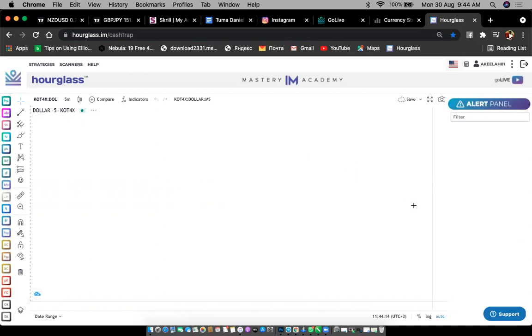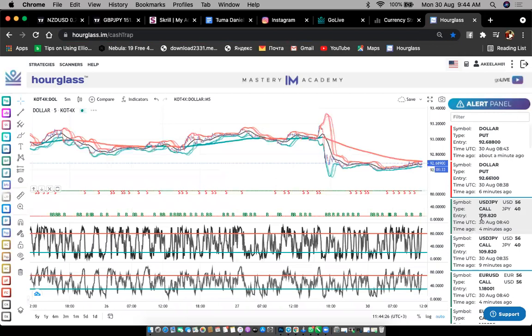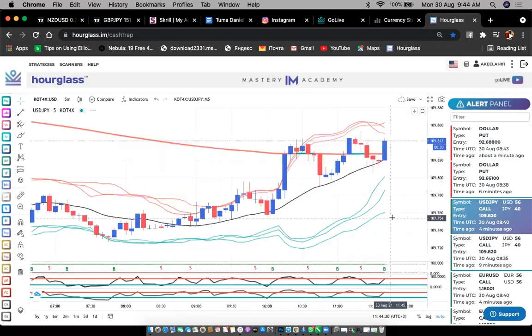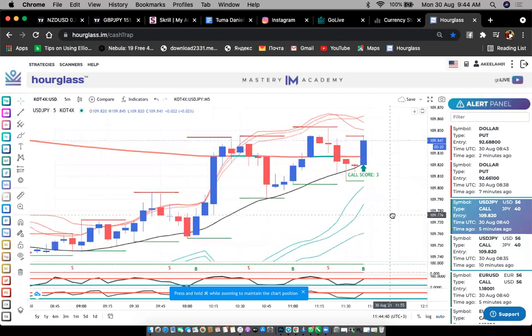So let's wait for the next trade idea, which is happening in the next few seconds. See the trade now. We are looking for a down arrow. We have hit our price, which is our level.